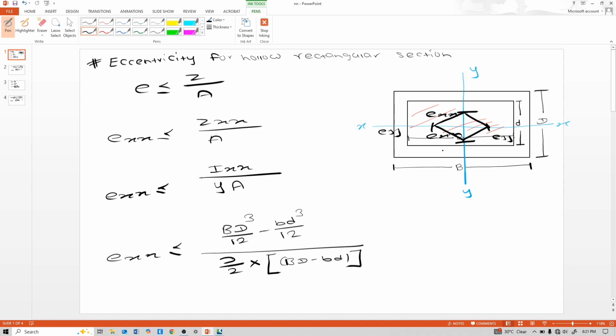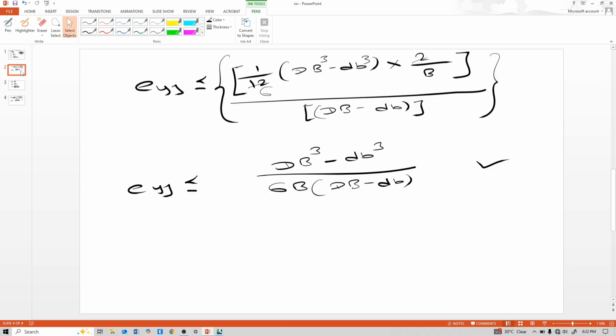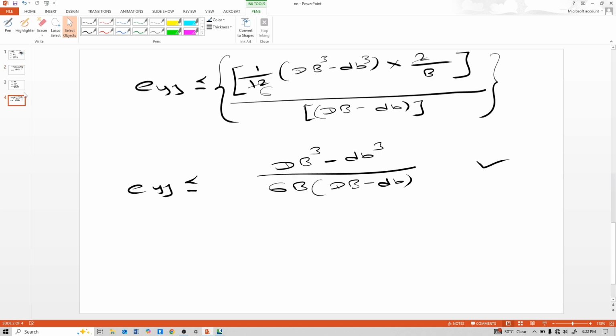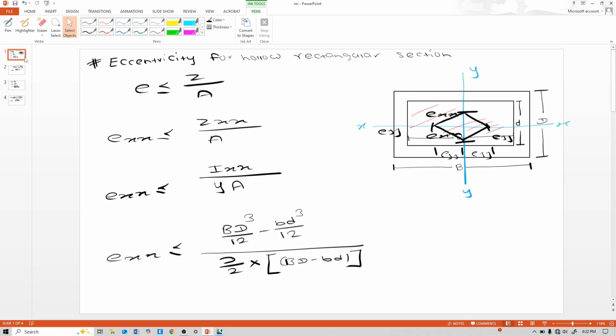So this portion is exx and this portion is eyy, and the values are: exx should be less than or equal to (B D cube minus b d cube) upon 6D (BD minus bd), and eyy should be less than its corresponding value. That way you achieve zero tensile stress within that region. If you go outside that region, somewhere here, then there will be tensile stress, but inside that region there are only compressive stresses. Okay, thank you very much.